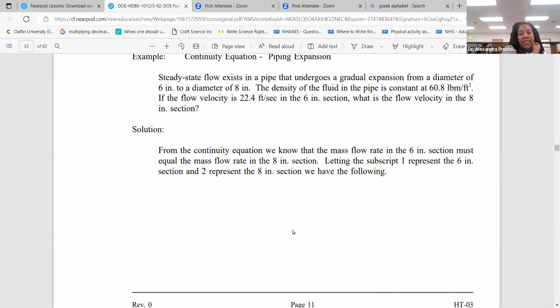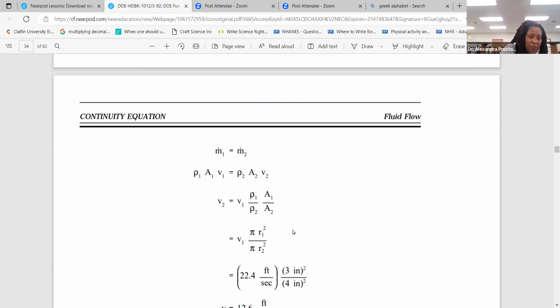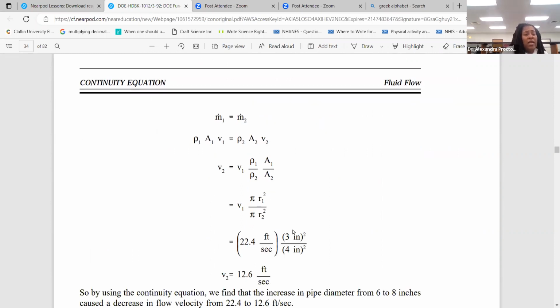So letting the subscript 1 represent the 6-inch section and 2 represent the 8-inch section, you wind up with the following derivation. M1 is equal to M2, or rho A V1 is equal to rho A V2, where V2 is equal to V1 times rho 1 over rho 2 times A1 over A2.